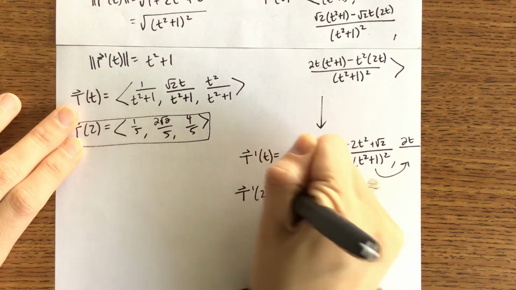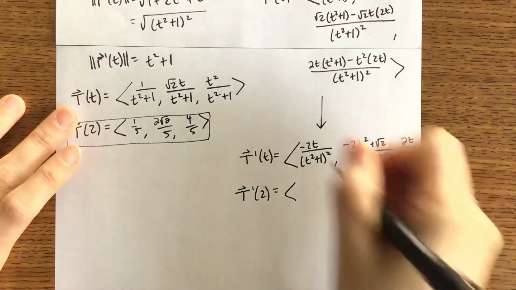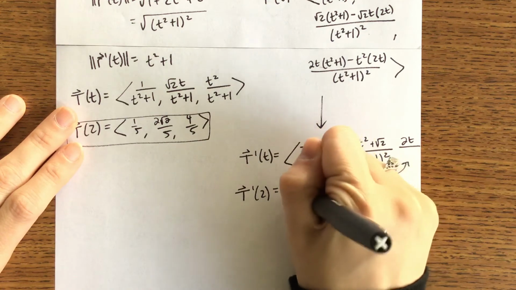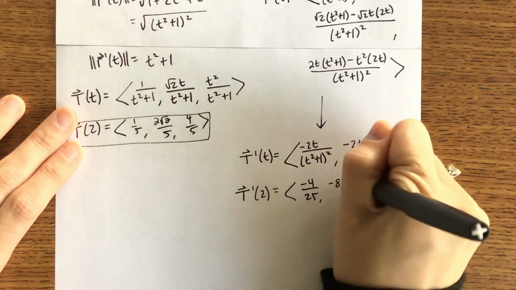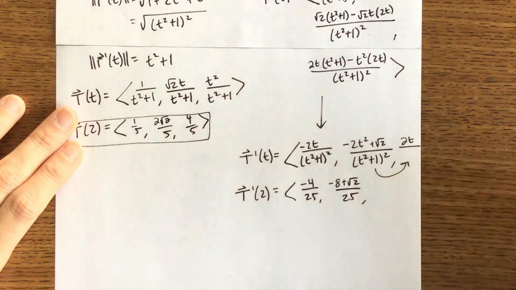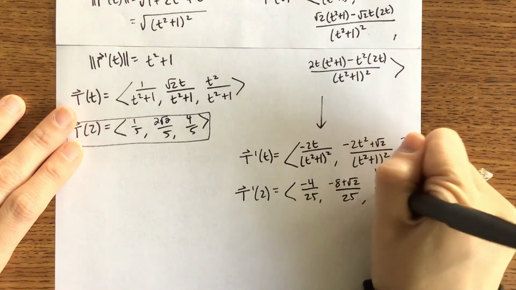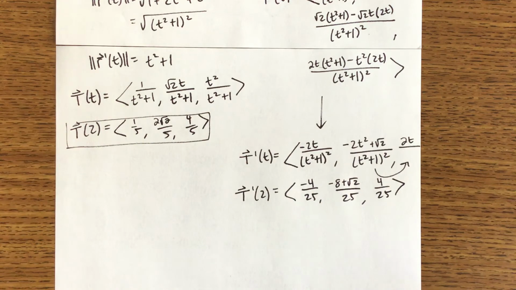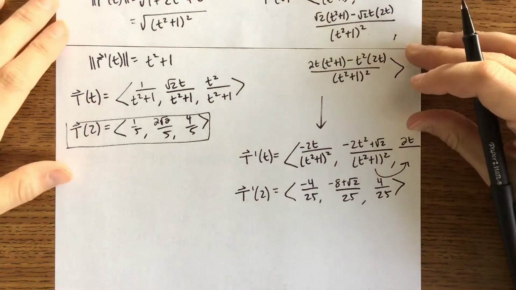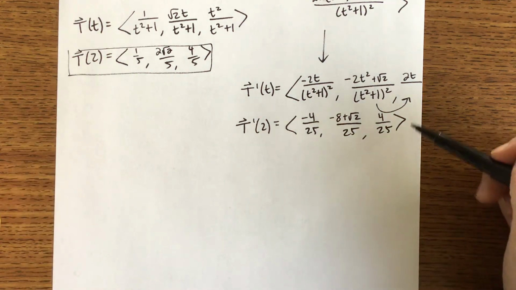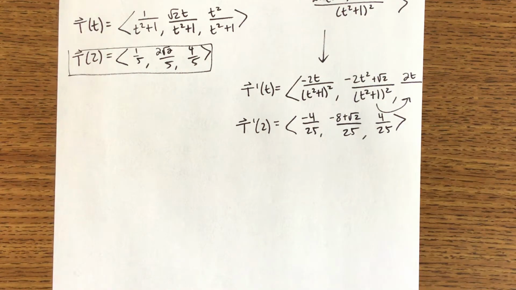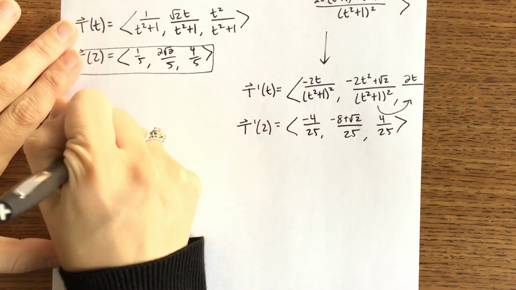So if we find T prime of 2, when you plug in 2, I'll tell you, you get negative 4 over 25, negative 8 plus root 2, that quantity divided by 25, and then 4 divided by 25. Now you can find the magnitude. It's easier to find the magnitude of this vector than it is to find the magnitude of that vector. That's what we have to do next.